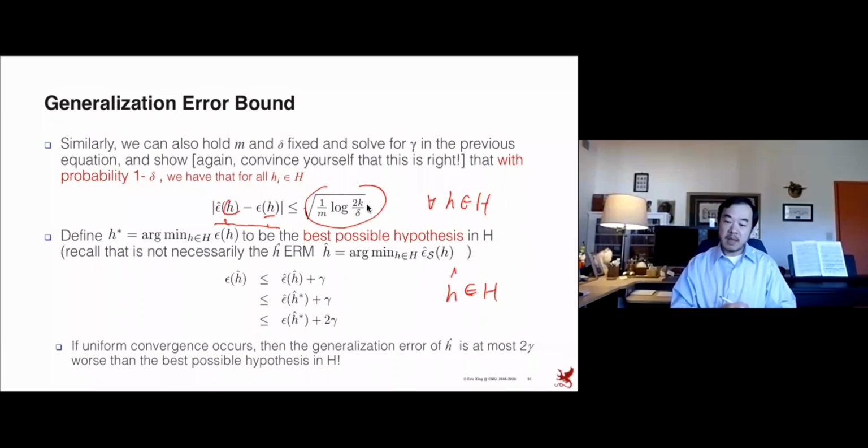Maybe that's the only thing you worry about, but some people also worry about another H, which we call, say, H star. H star is this imaginary thing that is also known as the best possible hypothesis in the H. Due to your algorithm, for example, in the EM algorithm that we used, you are not always guaranteed to achieve the global optimum, right?